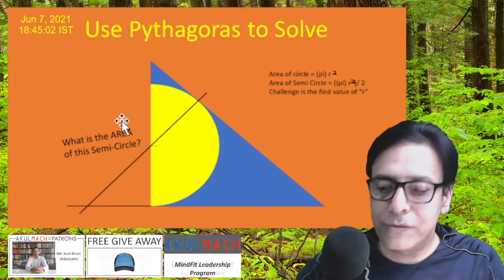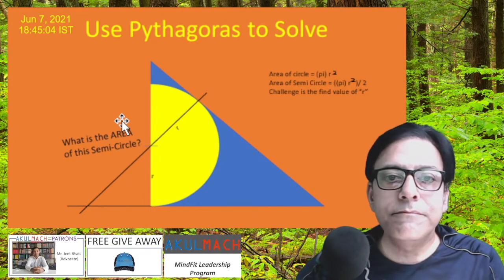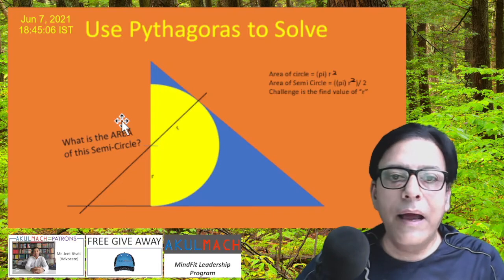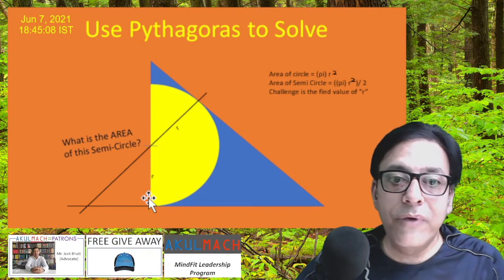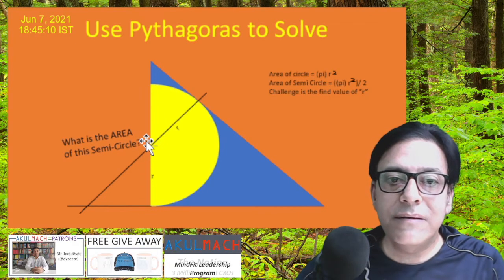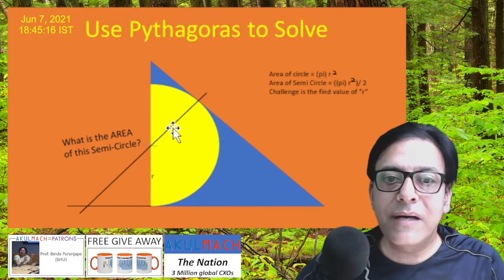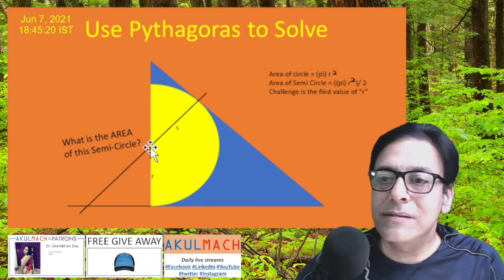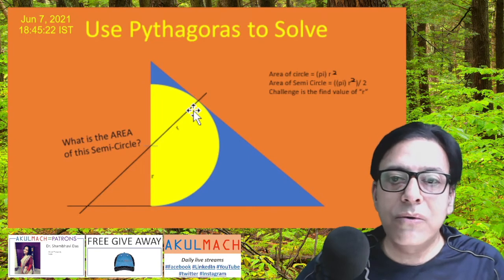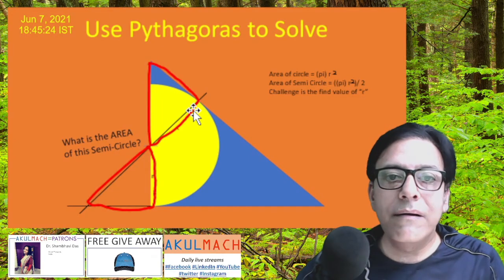I will explain that to you in a moment. And we also see by observation that this is the radius of this particular semicircle, and since radii are equal in all directions, this line is also called r. So for simplicity, let's call it r.